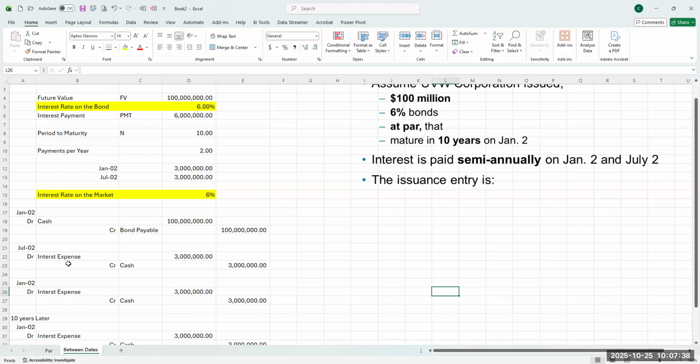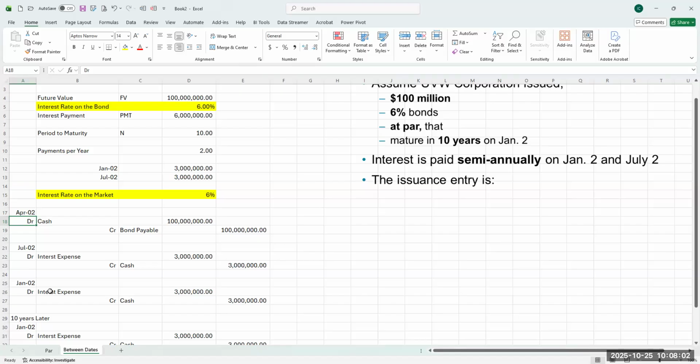So let's pretend that we issue the bonds not on January 2nd, but on April 2nd. Okay? Are you guys with me? Yes. Okay, so watch this.